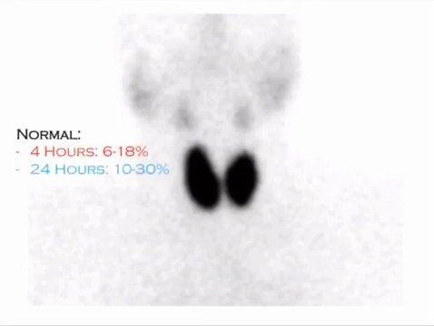So here's a normal-looking thyroid uptake scan, and what's done by convention is measurements at 4 hours and 24 hours. So homogeneous uptake, and then you've got around 15 for 4 hours and around 30 for 24 hours.